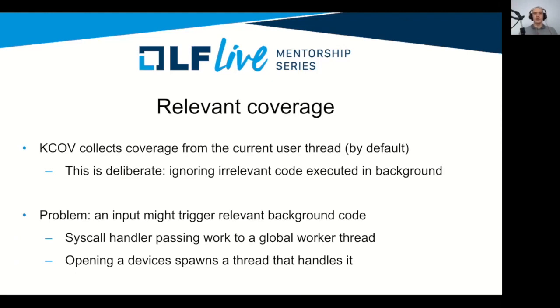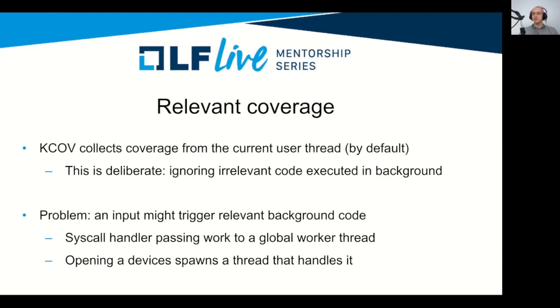There's a problem, though, with this approach. I mean, it works, let me put it like that. It works great for what syzkaller has been doing. But there is still a problem with this approach. And the problem is that if you have an input that you're trying to execute, some of the coverage that's still relevant to this input might be executed in some background code.